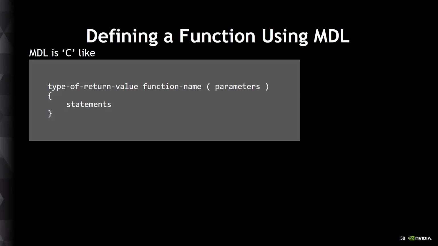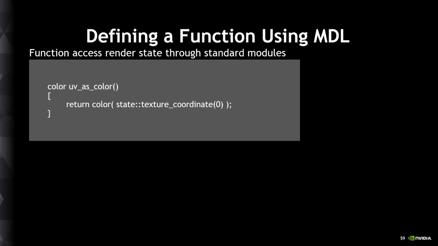Code. Again, it's C-like. A function definition in MDL is composed of a return value type, a function name, a list of parameters, and in between we have some statements, so that should be pretty straightforward.